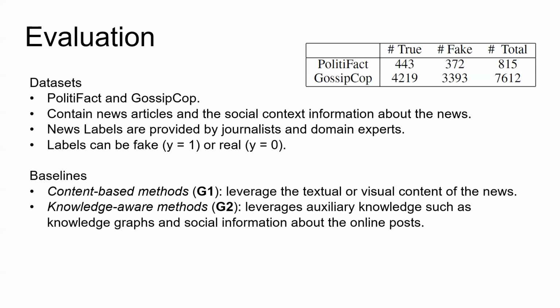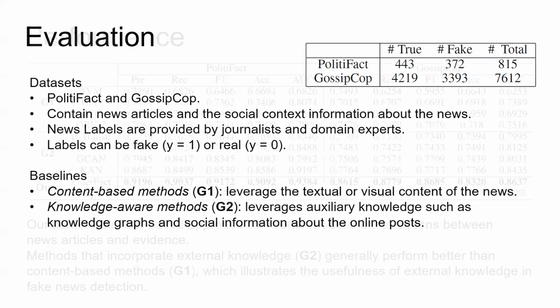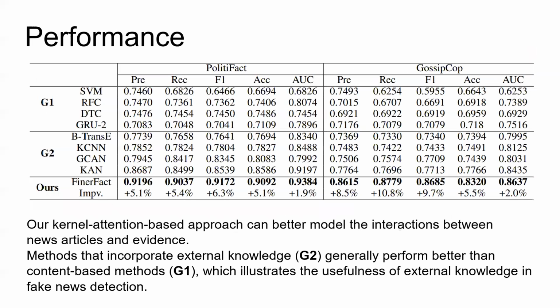The baselines are selected from content-based methods, which are indicated by group G1, and also knowledge-aware methods, which are indicated by G2. And this is the performance chart of our methods.